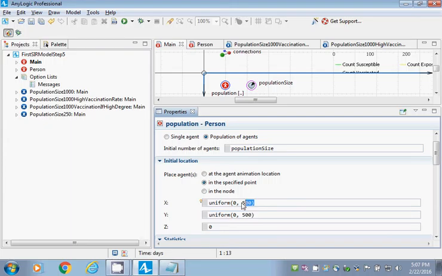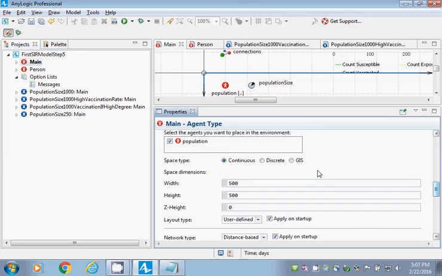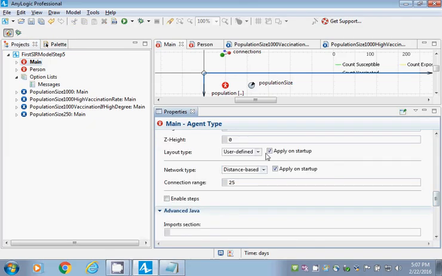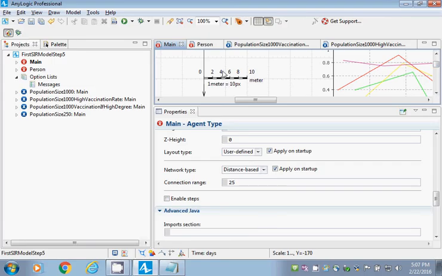So we put them in space, but more than that, ladies and gentlemen, we situated them in an environment, and we went up to Maine and situated this population within it, where they had a network which was distance-based, and they were connected with neighbors who lay within 25 distance units of each other, according to a distance metric that can be specified for your model.